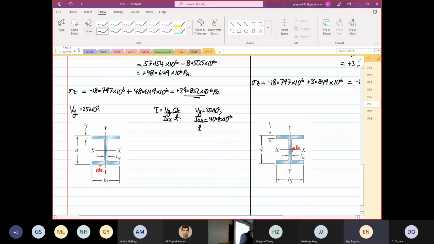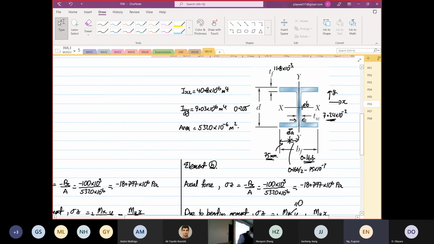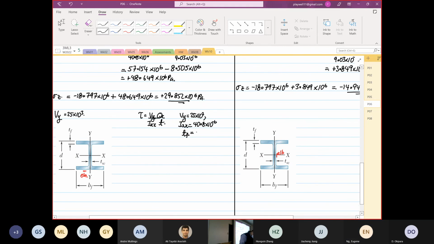The thickness is your TF. For element A, TF is 11.8 times 10 to the power minus 3. The critical part is how to get Qx. Always the first moment of area is our problem.